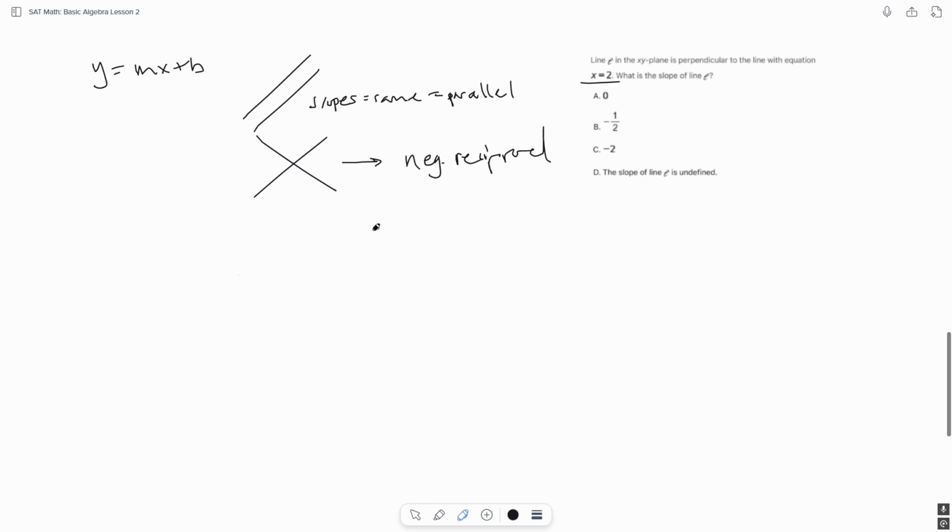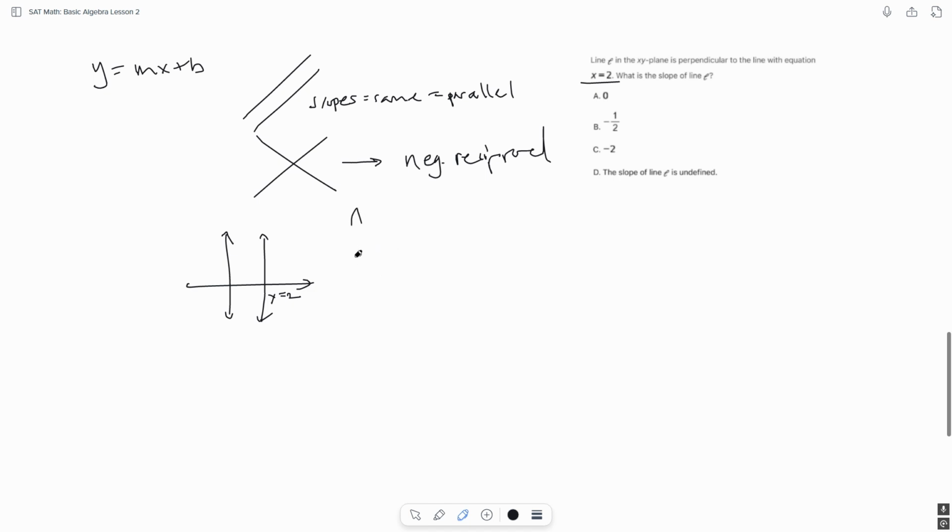So if you have x equals 2, x equals 2 is something like this. Right, because it's any point where x equals 2. So the slope of this is just up and down. It's actually undefined.